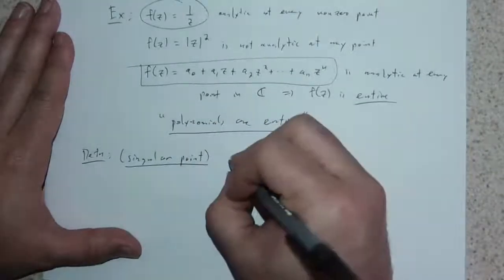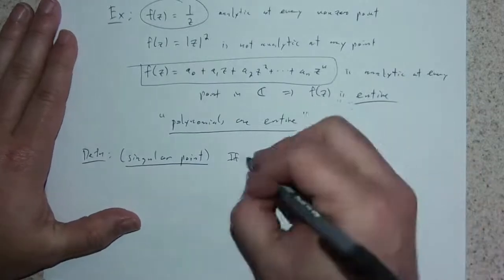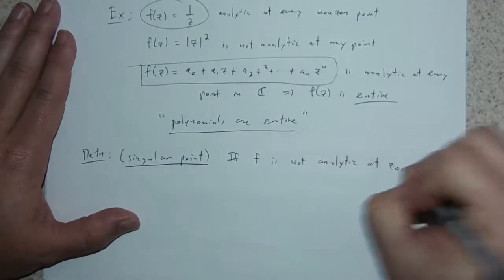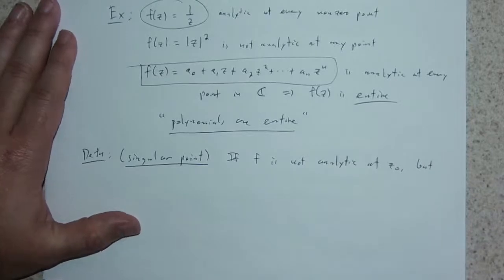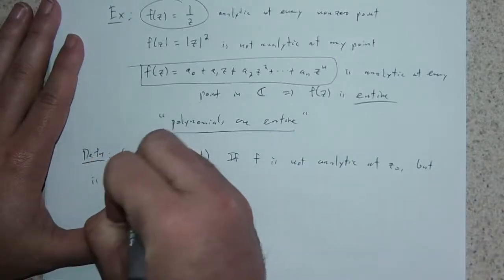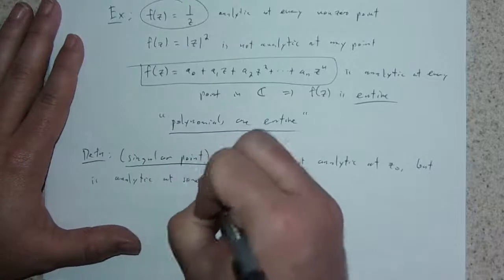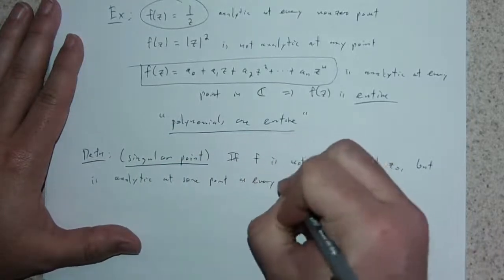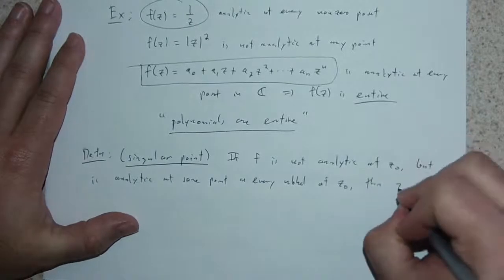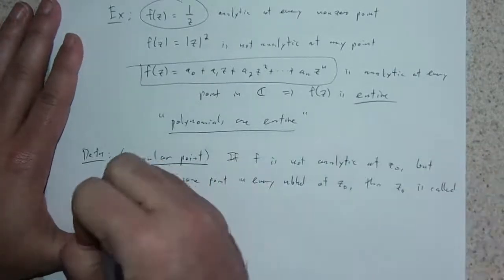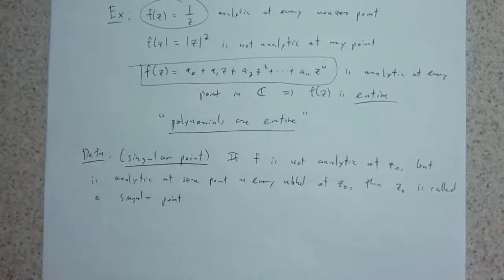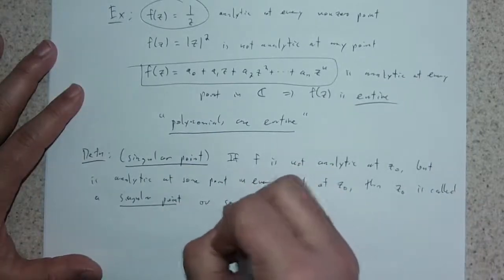Okay, it is the following. So if f is not analytic at z naught, but is analytic at some point in every neighborhood of z naught, then z naught is called a singular point, or singularity of f.